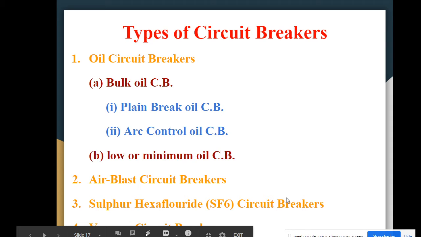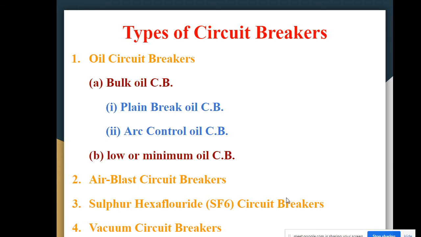So now what we are going to see in these circuit breakers is how they extinguish the arc, by maintaining the potential difference between the contacts, and at the same time increasing the dielectric strength. Concentrating on these two points, we are explaining the operation of these different types of circuit breakers.